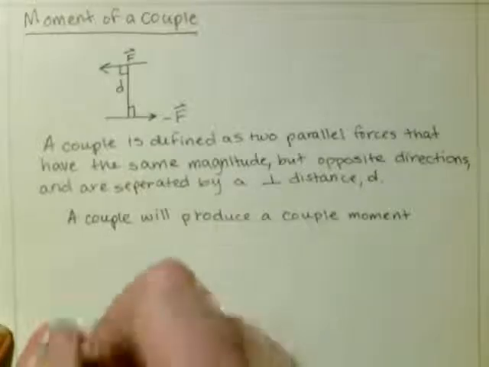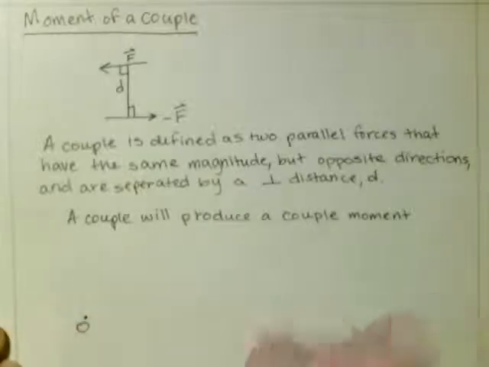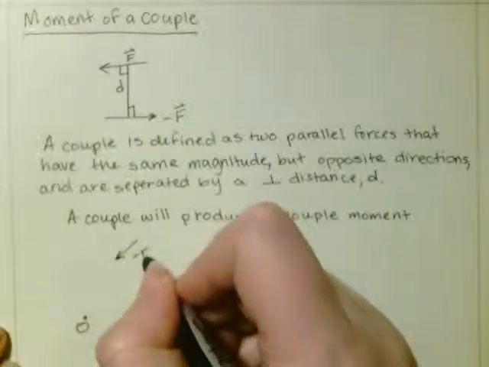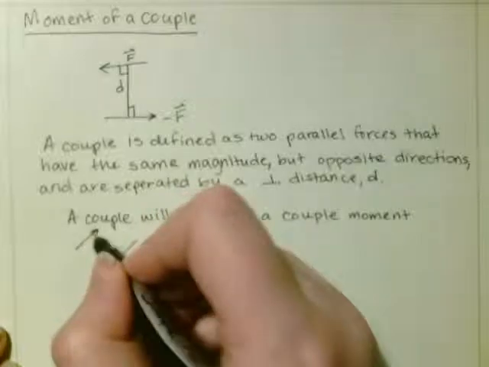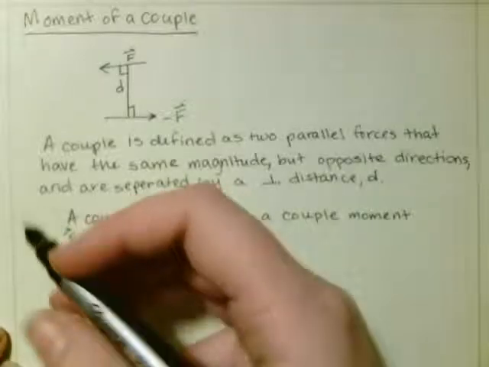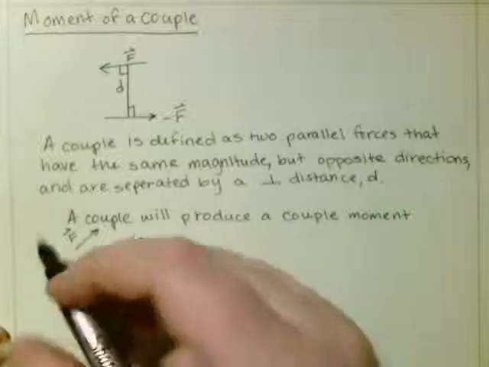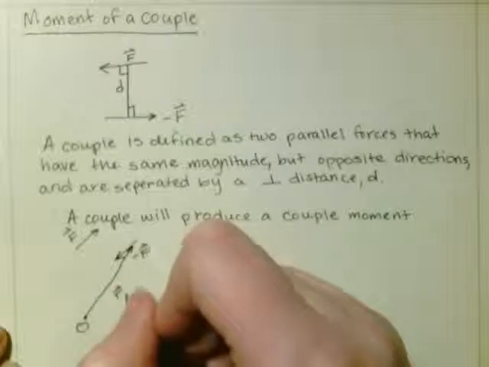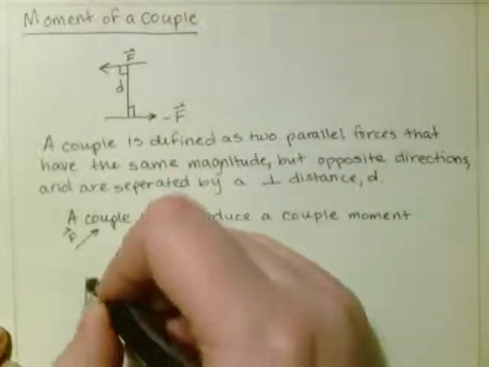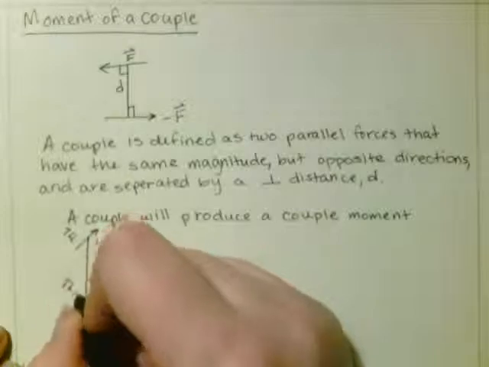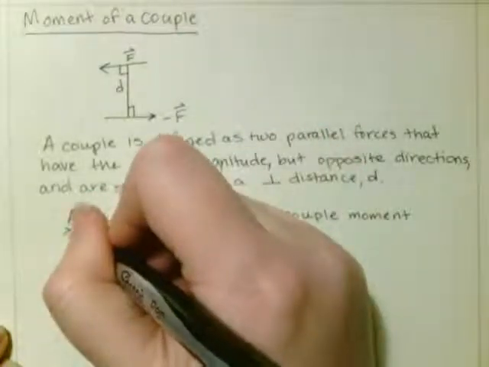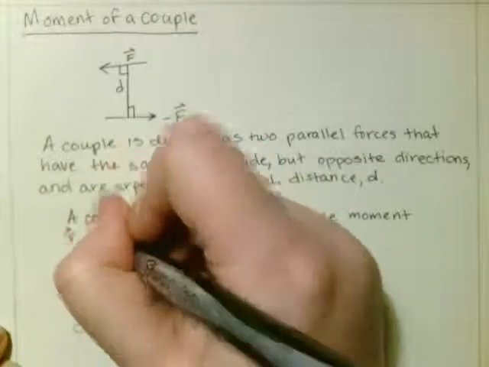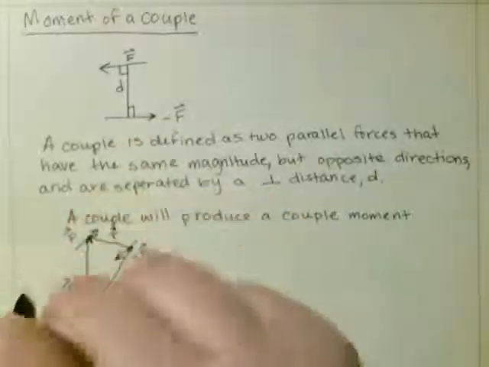Okay, so say you have point O, and you've got your negative F and your positive F. Now, if you had RA going to negative F and RB going to the positive F, and the perpendicular distance between those two would be R. Okay?